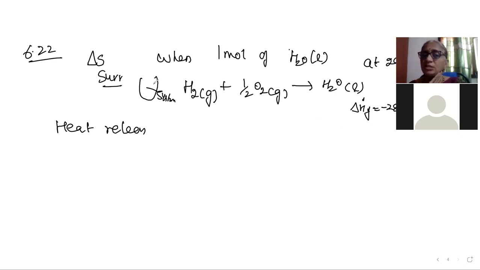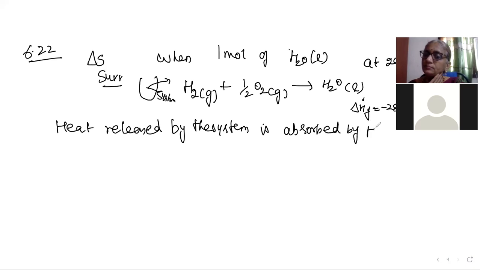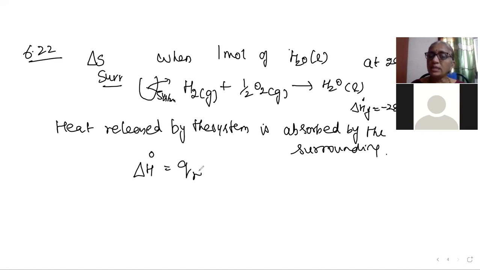So the released energy is conducted to the surrounding. So whatever heat is released by the system is absorbed by the surrounding. Okay. But the surrounding is at what temperature? It is at 298 Kelvin temperature. Temperature of the surrounding is 298 Kelvin. So del H naught is equal to Q released by the system.